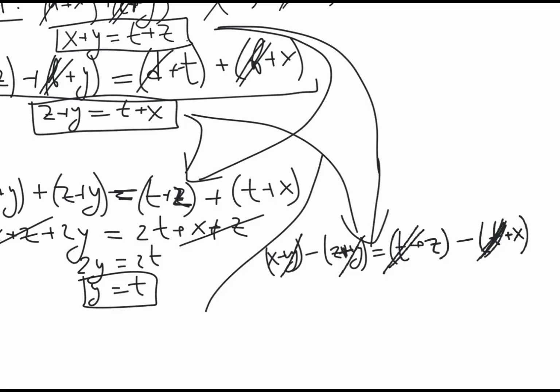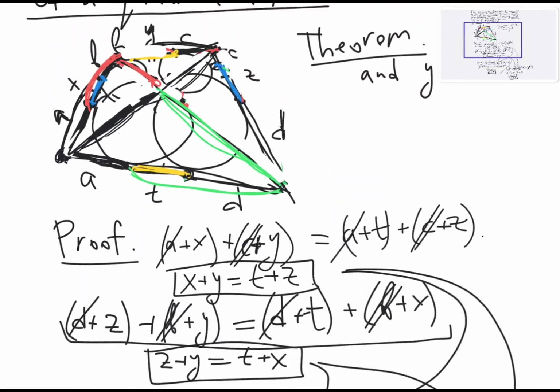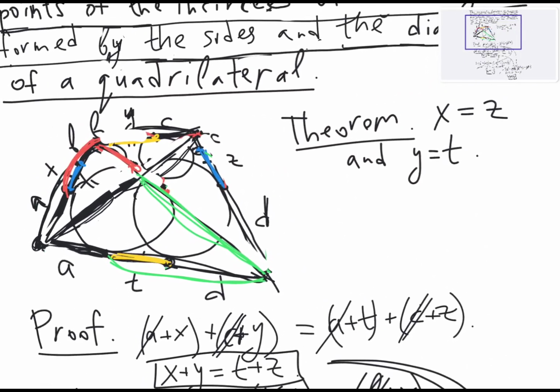So what remains is x minus z equals z minus x, or 2x is equal to 2z, or x is equal to z. So the two equalities that we get are y equal to t and x equal to z. If we see here, this is exactly what we needed to prove. So x is equal to z and y is equal to t.